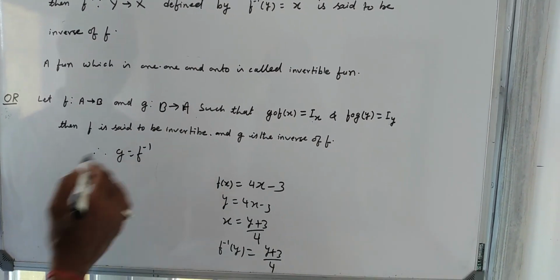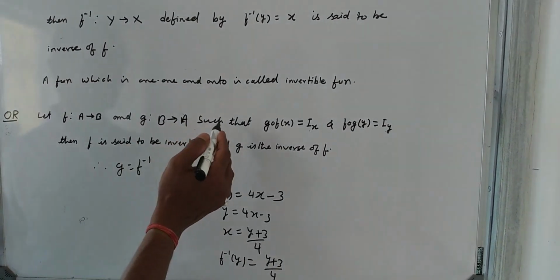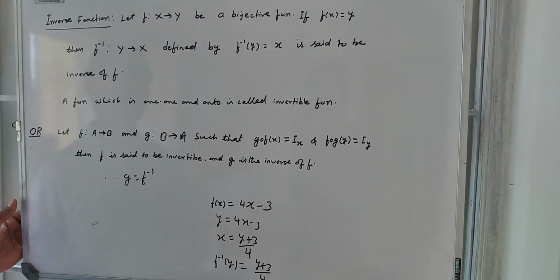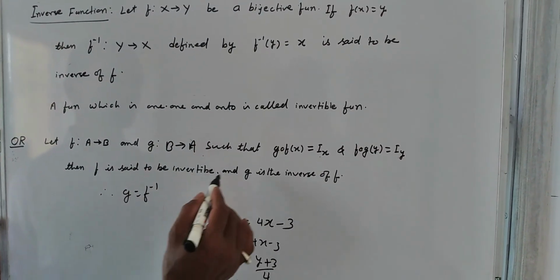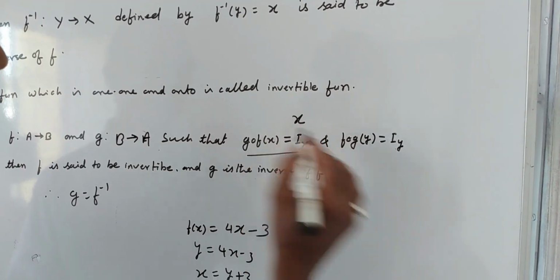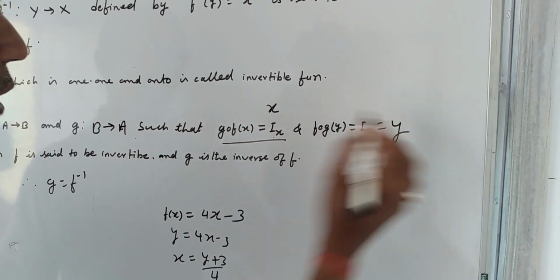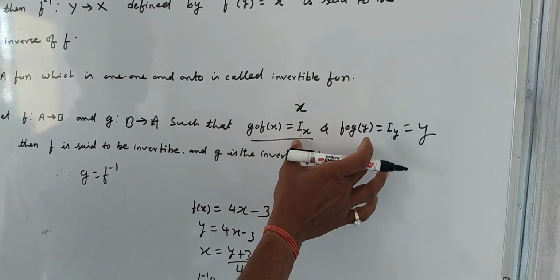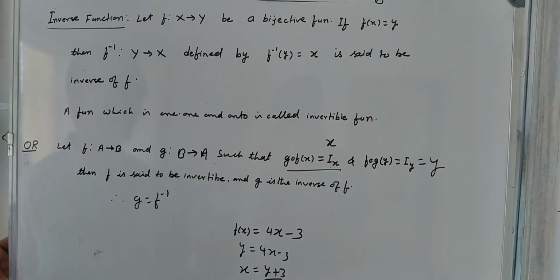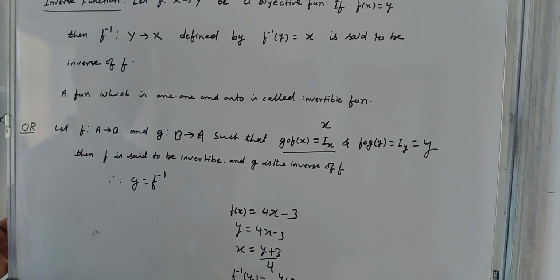So this is very easy. If you want to prove it is invertible, you prove this: this should be equal to x here, and here it should be y. If you prove this, you can say the given function is invertible, and simply you find the inverse this way.